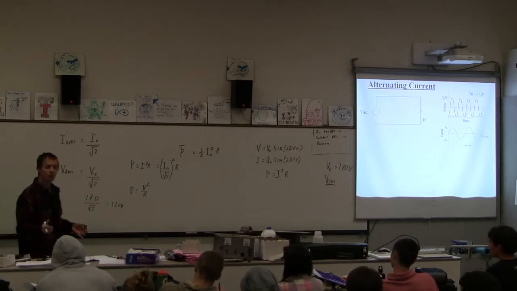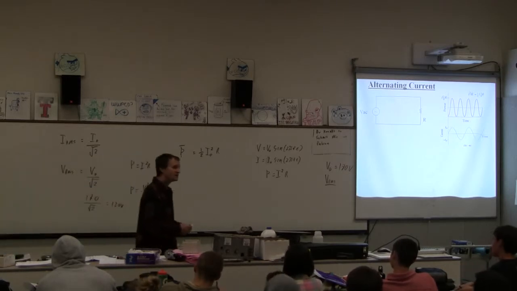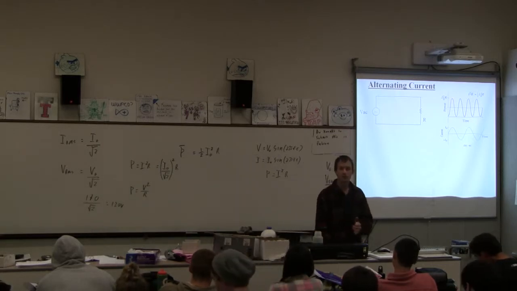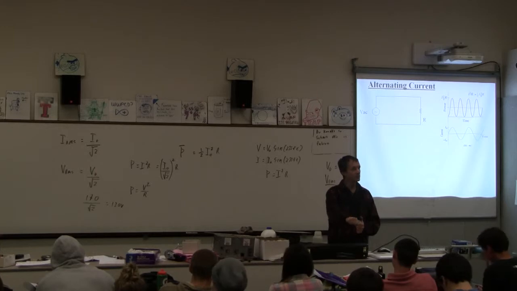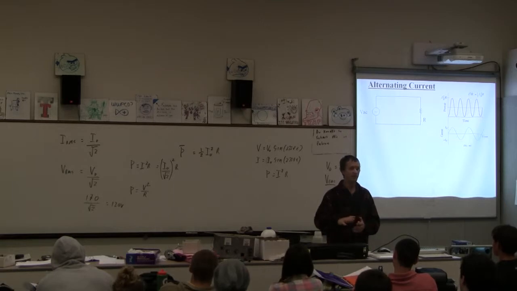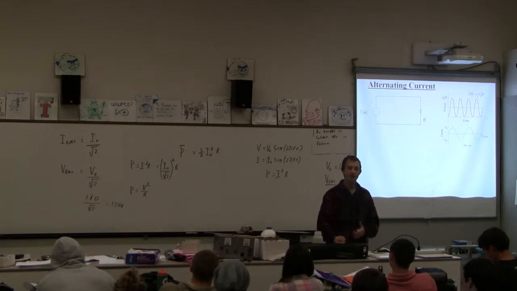Here's a general rule that I'll go by: if somebody refers to an AC voltage, they're talking about RMS voltage. If you take a voltmeter and turn it to AC voltage and plug it in, it's telling you the RMS voltage. RMS goes without saying. If we mean peak, we'll say peak.